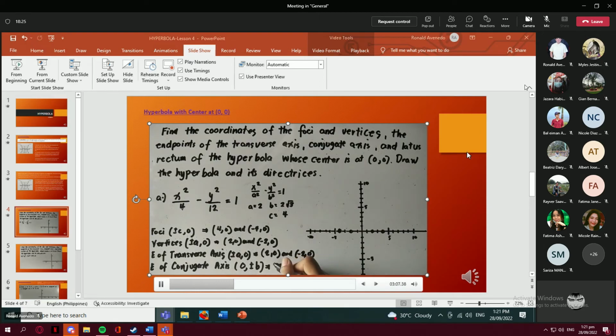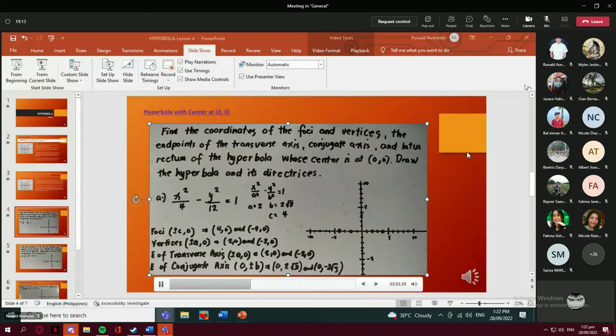So this is 0, 2 square root of 3, then the other one is 0, negative 2 square root of 3. 2 square root of 3 is equal to 3.46. So 3.46 here and negative 3.46.